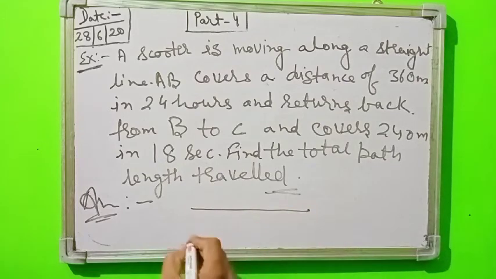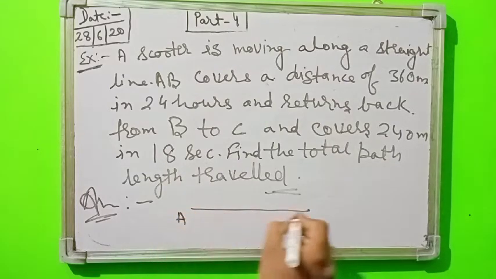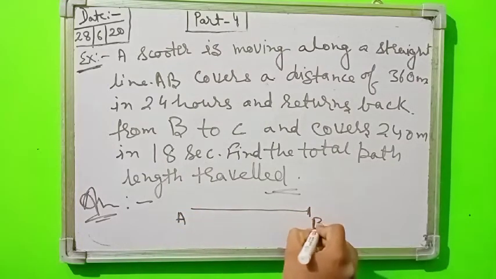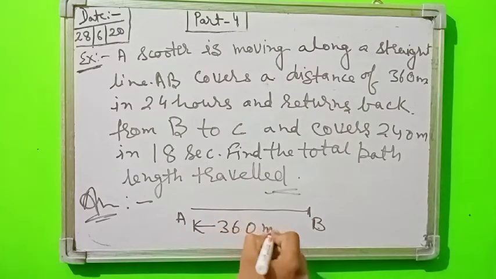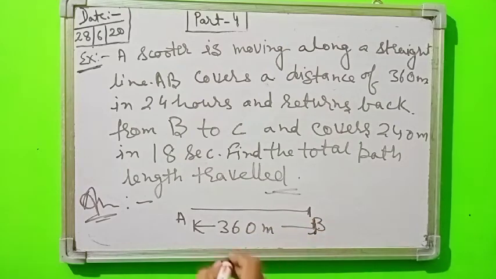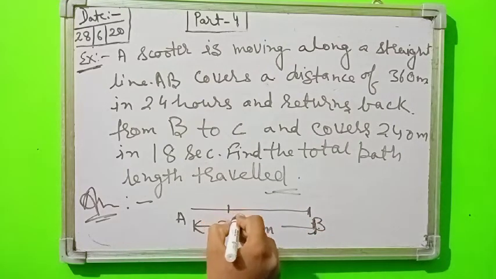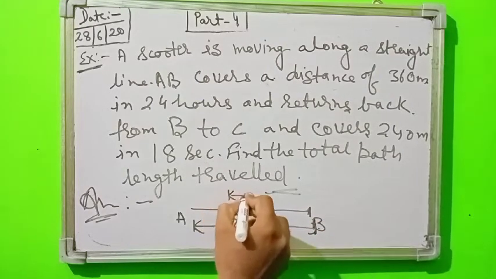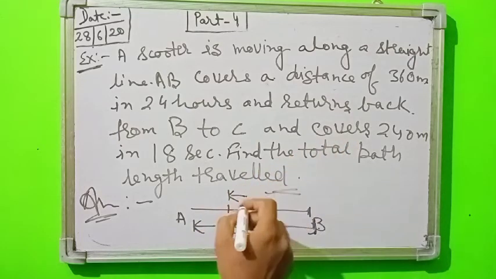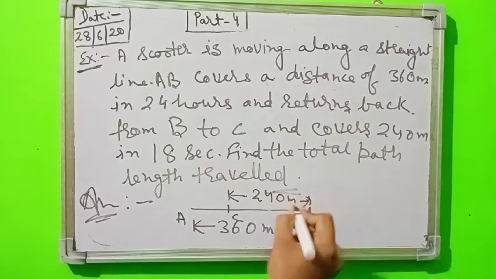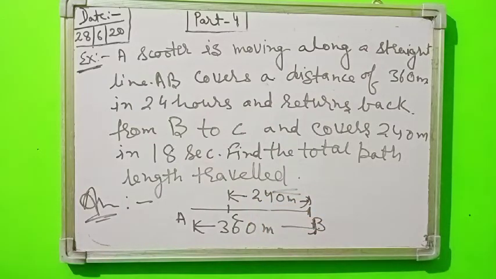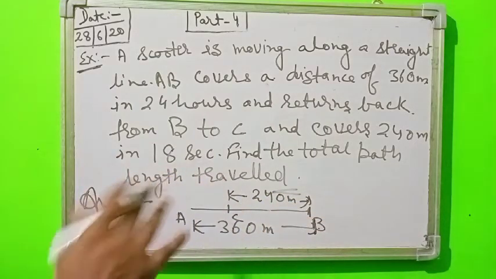A body starts from A and goes to B, and from A to B it covers 360 meter. Then it returns back to C and covers a distance of 240 meter. So we need not say anything about time or anything else.